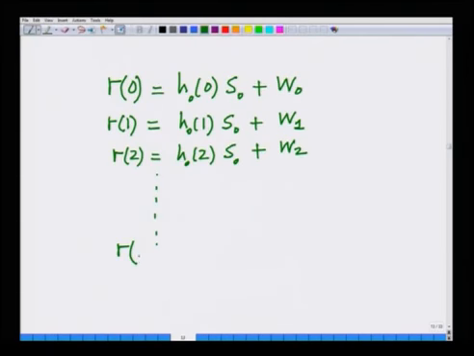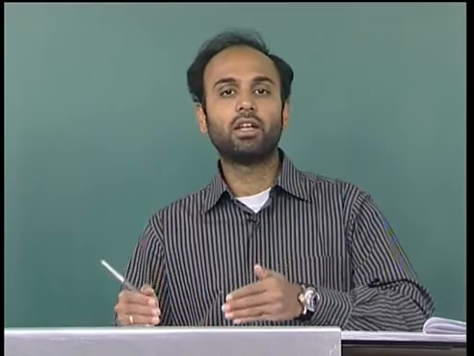This is R of L minus 1, which is equal to H 0 L minus 1 S 0 plus W L minus 1. This is after decorrelating with C 0 m minus each delay.